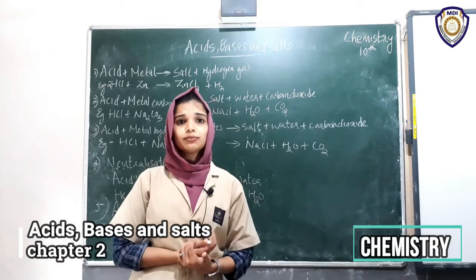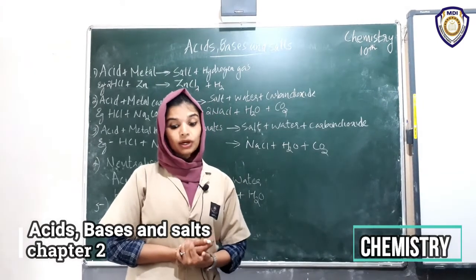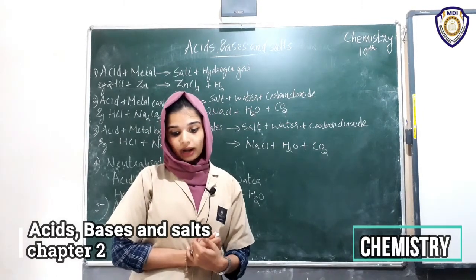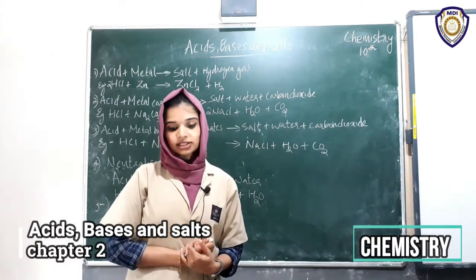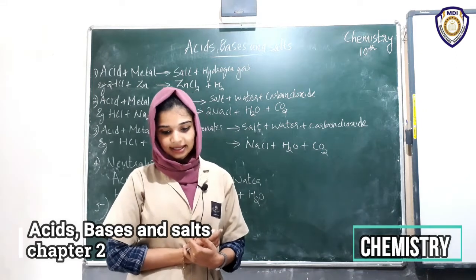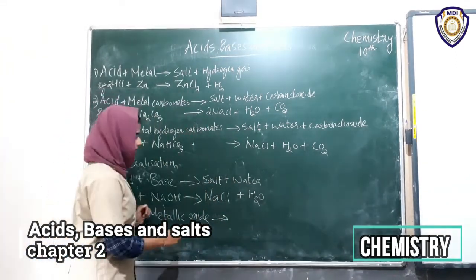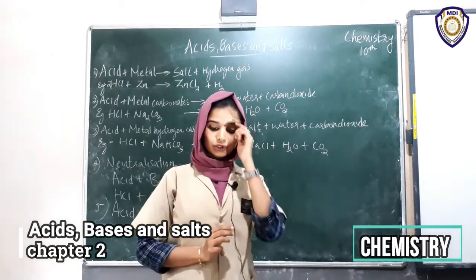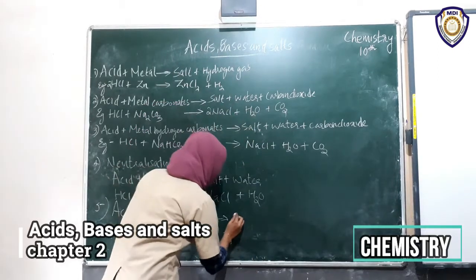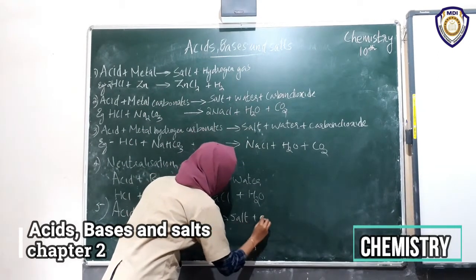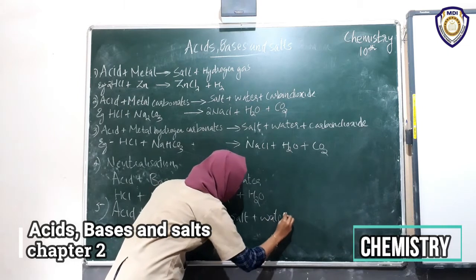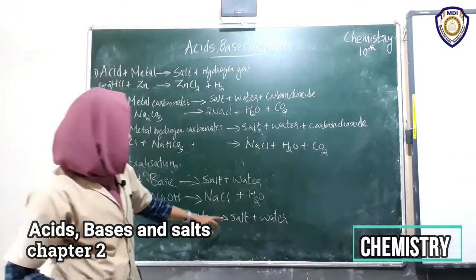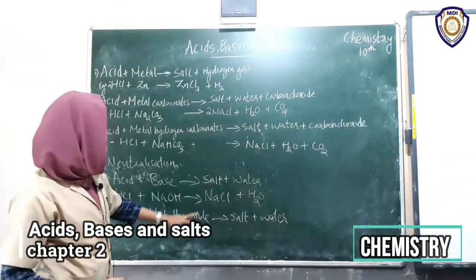What is the reason for that blue green color? The blue green color of the solution is due to the formation of copper 2 chloride in the reaction. The general reaction between a metal oxide and an acid is written. What do we get after adding acid to metal oxide? We get a salt plus water. This is also like the earlier equation, isn't it? Yes.